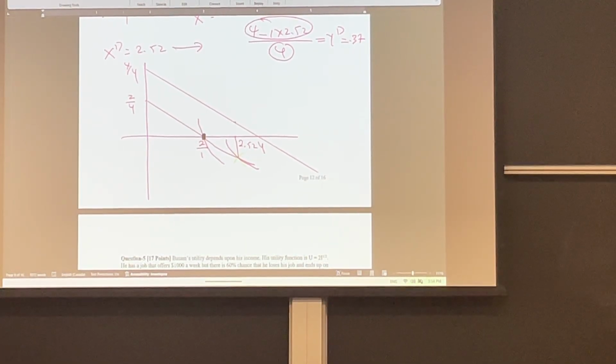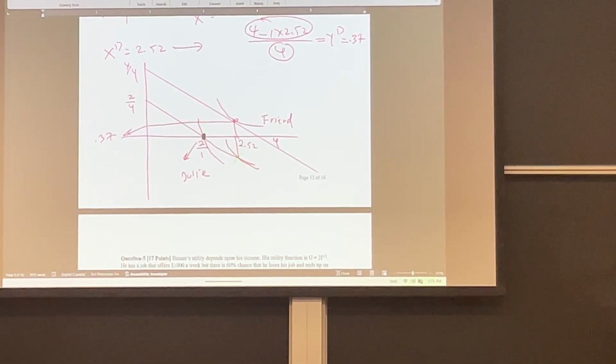Julie's friend wanted to buy 2.52 and she had it. She was fine. That is her friend. This is Julie. This is the friend. She wanted to buy 2.52 and she had enough money, she bought it, and the rest of the money was spent on Y. So the friend of Julie was not in the corner solution. Make sense? She had a tangency on the right part of the budget line.